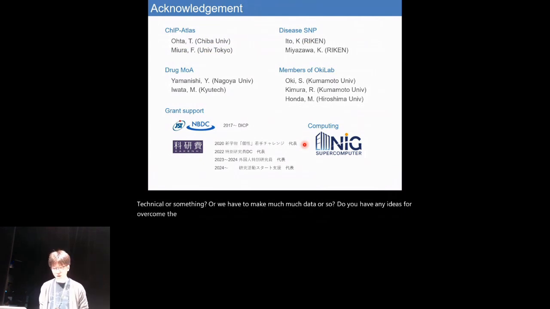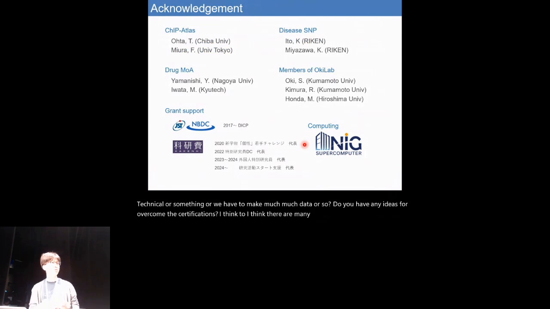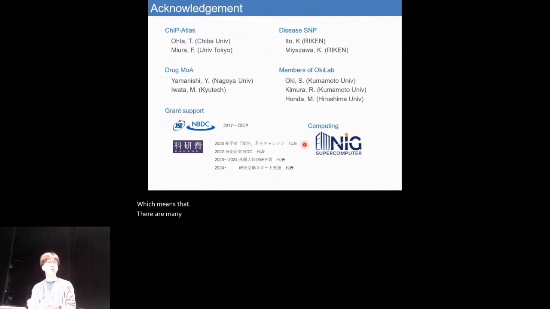I think there are many missing values, which means that there are many cell types for which no ChIP-Seq experiments were performed.